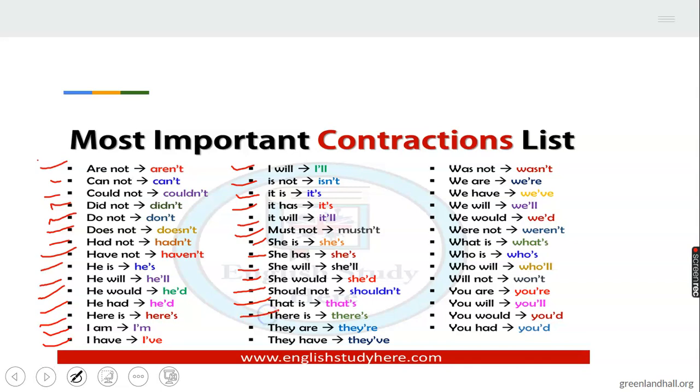There is, there's, they are, they're, they have, they've, was not, wasn't, we are, we're, we have, we've, we will, we would, we are not, weren't, what is, what's your name, who is, who's the person, will not, won't, you are, you're the person, you will, you'll come by, you would, you'd have to do it, you had, you'd better have gone there.